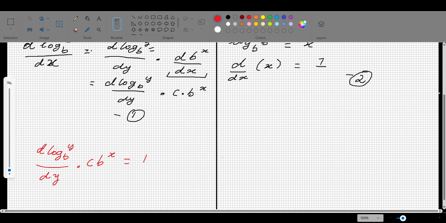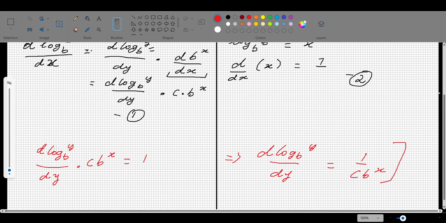So this means, I'm going to write it on this other side, that the derivative of log of y with the base b by dy is just equal to 1 by c times b raised to x, which is exactly what we said in the previous part, that because they are inverse functions, the derivative of the logarithm is just dx by dy, which is the inverse of dy by dx. Hence proving what we had talked about earlier.